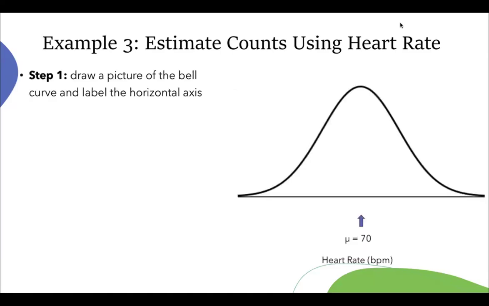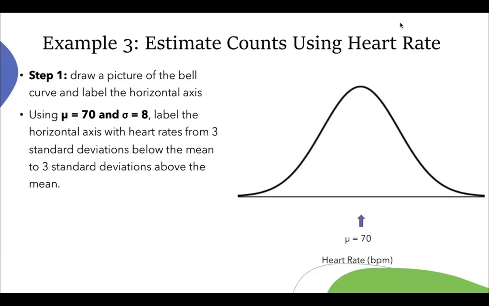So we can label the horizontal axis with the values of heart rate from 70, and then we could go upward, 78. You're adding 8 each time, 86, 94, and then subtract 8, 62, 54, 46.